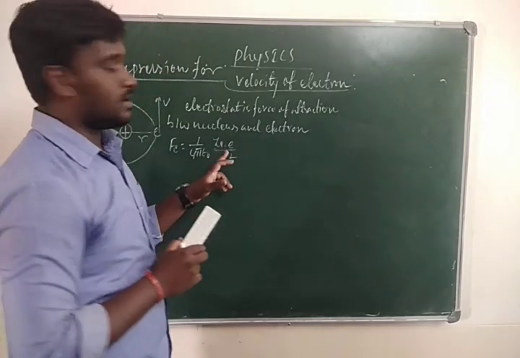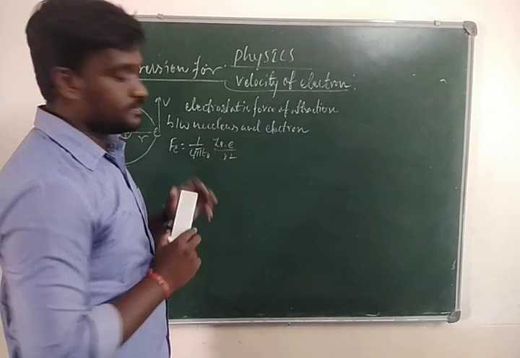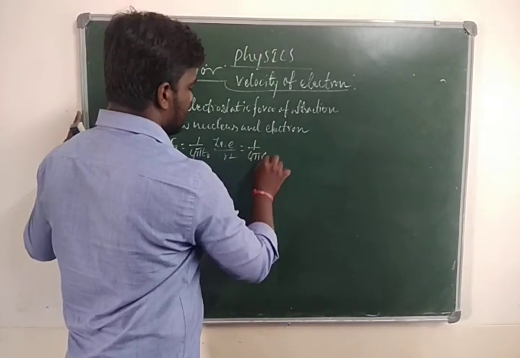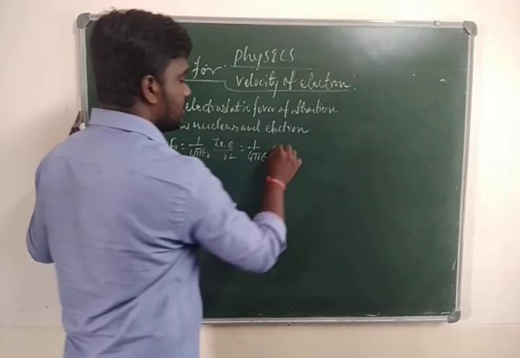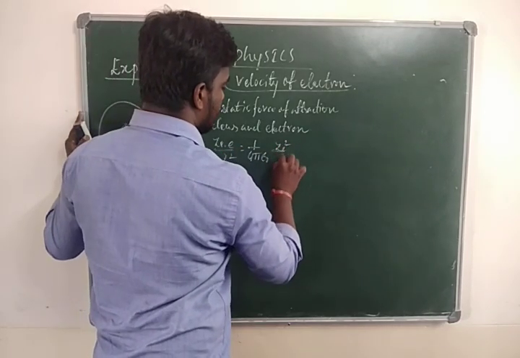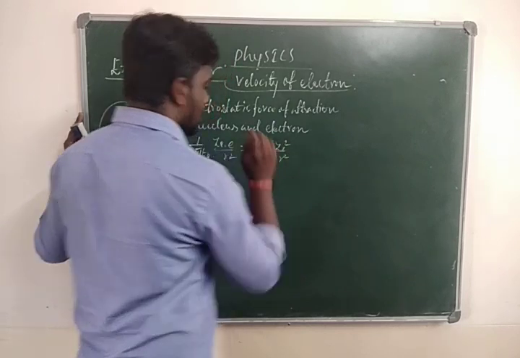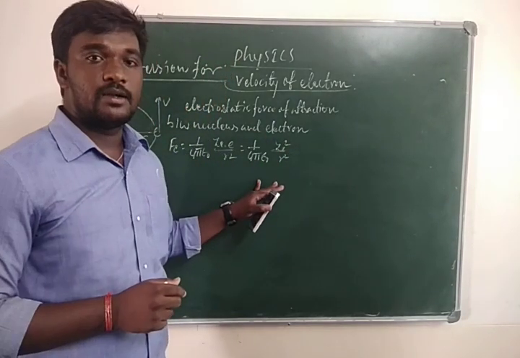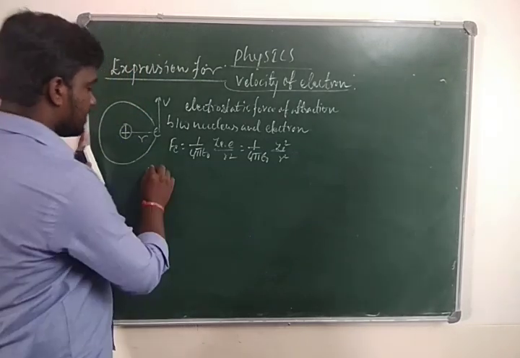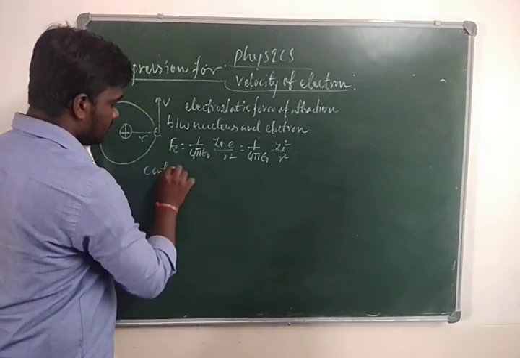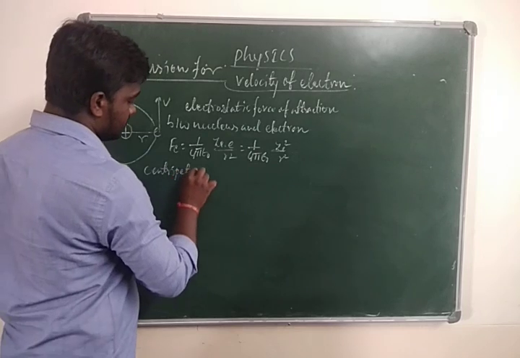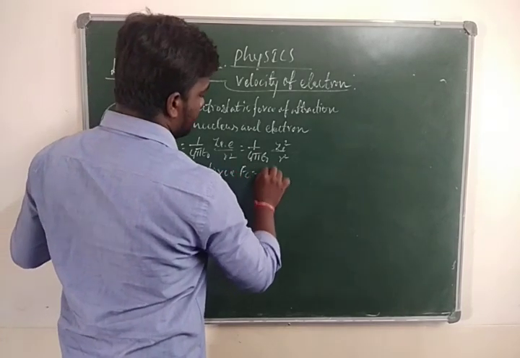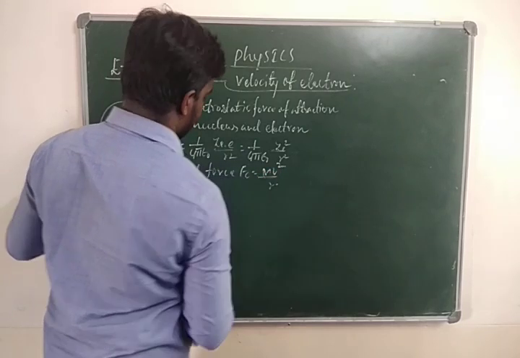Z is the atomic number of hydrogen. Therefore, 1 by 4 pi epsilon naught, Ze square by r square is the electrostatic force of attraction between the nucleus and the electron. And the centripetal force Fc is equal to mv square by r.